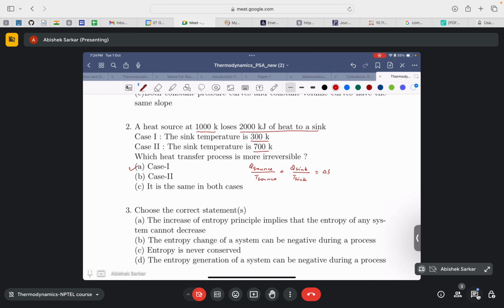I guess Professor Anand time and time again stated in the lectures that as the temperature difference during the heat transfer increases, the irreversibility during this heat transfer process also increases. So a heat transfer process with the least amount of irreversibility would be a process that has the least temperature difference, which is actually impossible to achieve, and that's why achieving heat transfer in a reversible manner is extremely difficult.